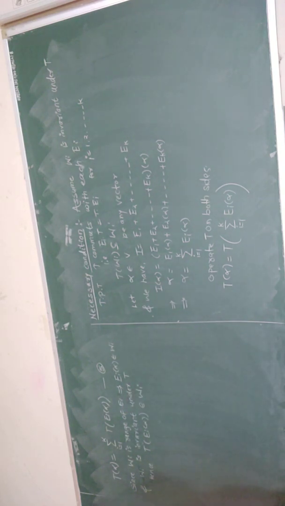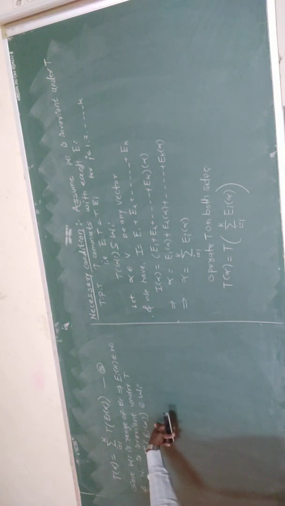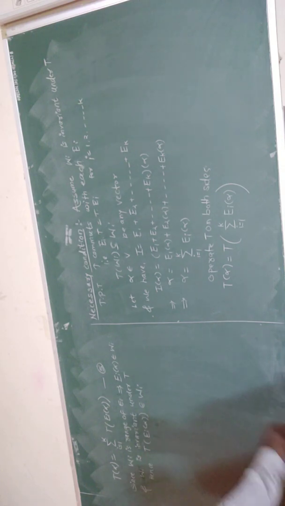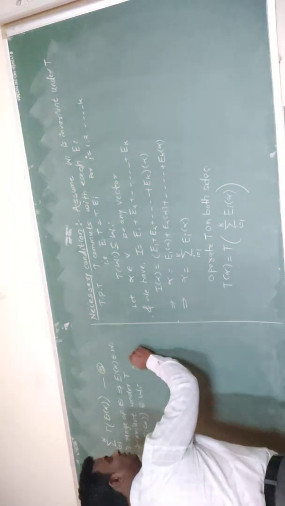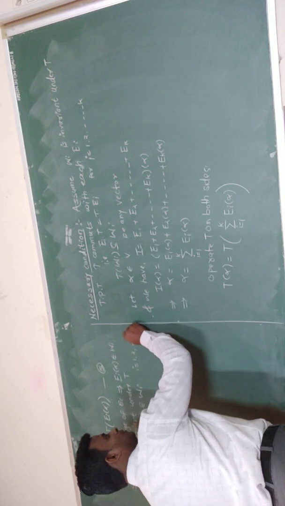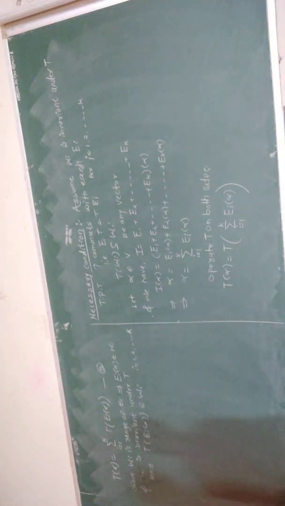Okay, T of e_i of alpha belongs to W_i, for i equal to 1 up to k. Okay, got it?